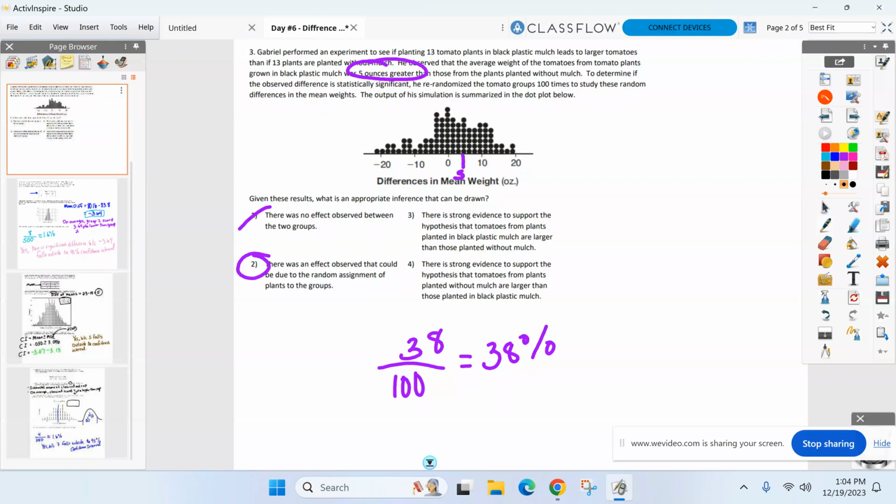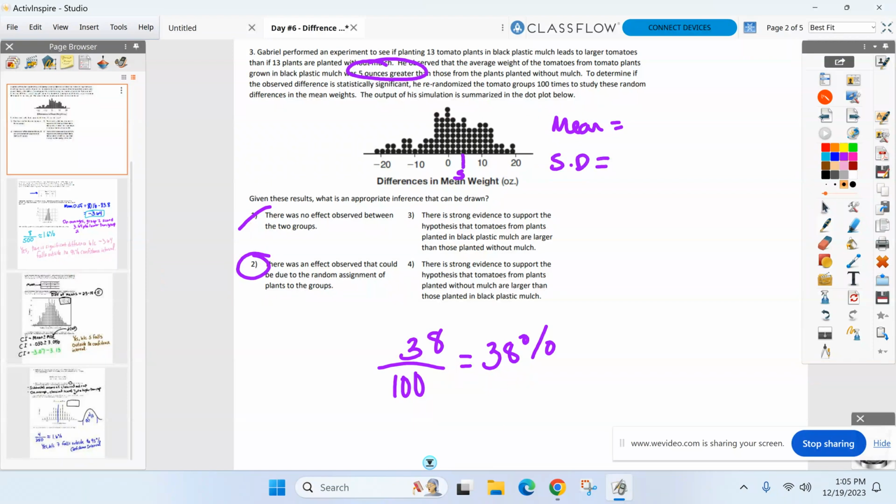Everyone see that. I can't stress this enough: it will be significant if it's on the outside of your interval. Are we comfortable finding the interval without a given mean and standard deviation? We have to do it with 38 out of 100, 7 out of 250, whatever our numbers were. If you can calculate it, you calculate it.